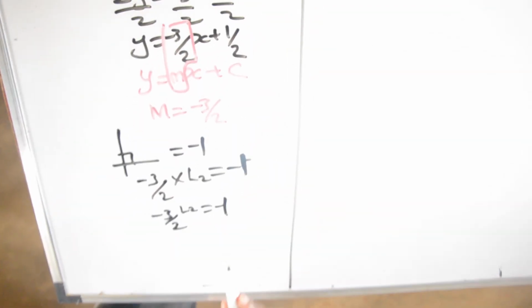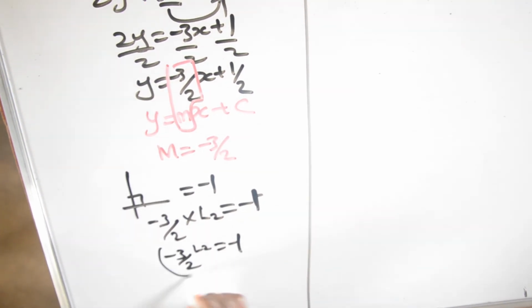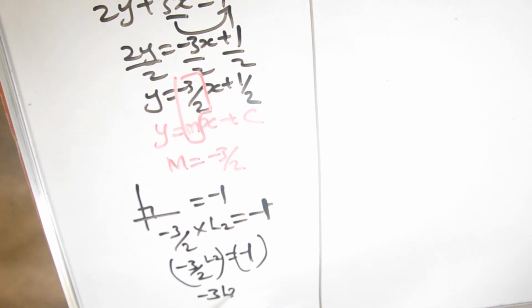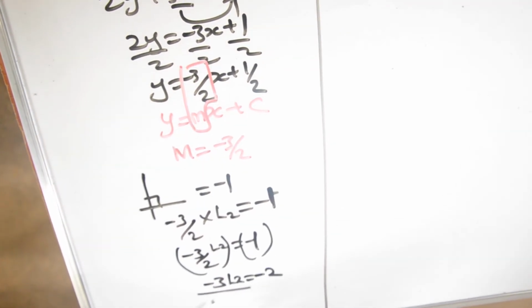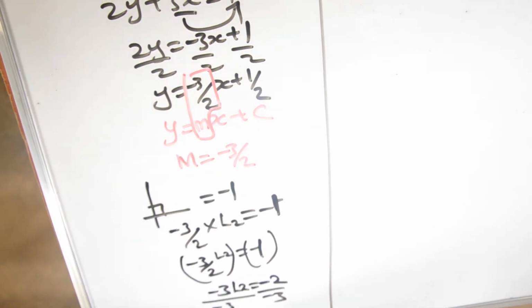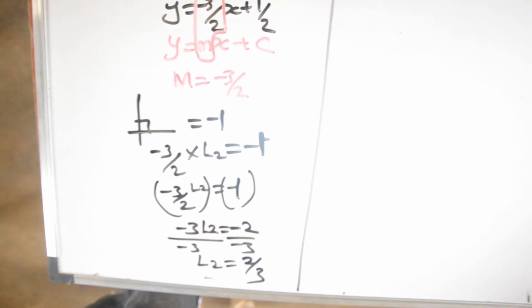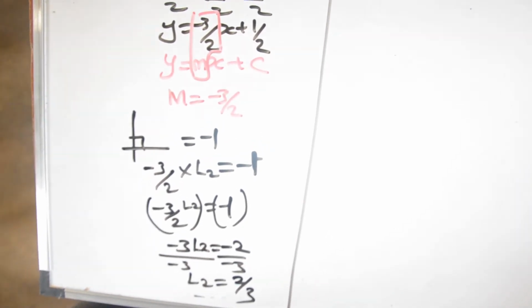So here you do simple mathematics. You multiply both sides by 2, so it will be -3 times L2 = -2. Divide both sides by -3. L2 is given by 2/3. So the gradient of the second line is 2/3.